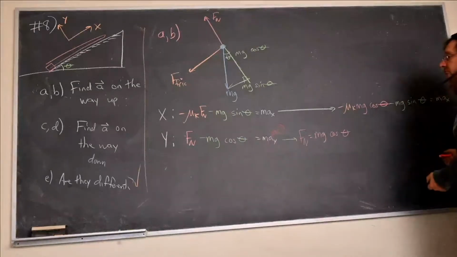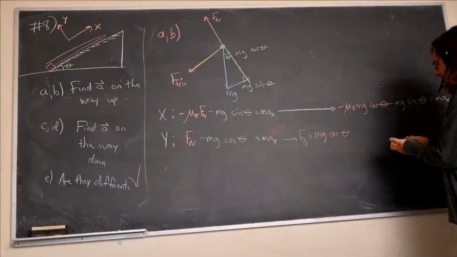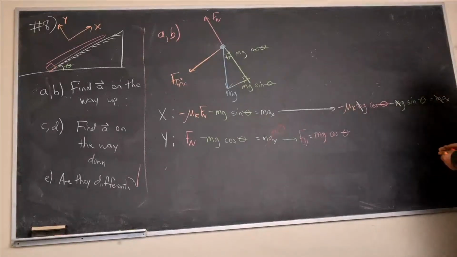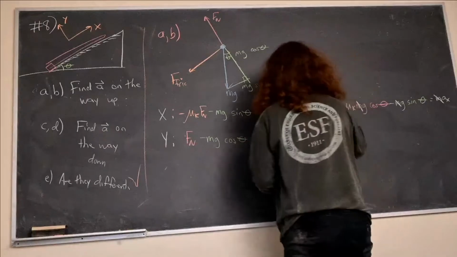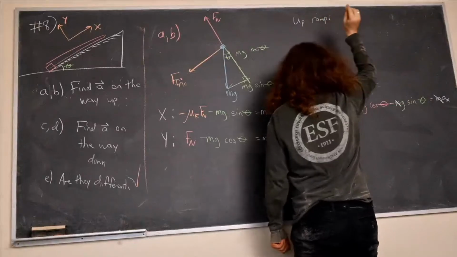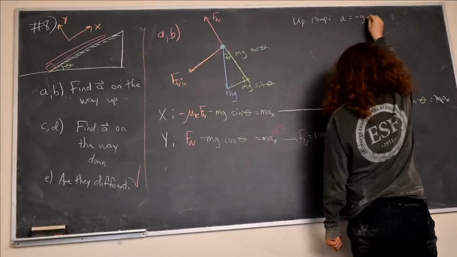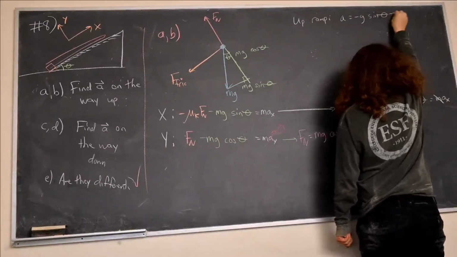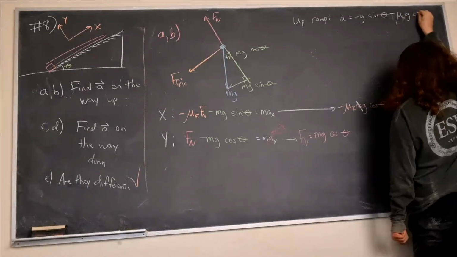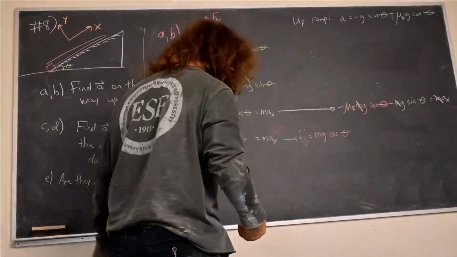So, as often happens when things are just being driven by gravity, all the m's cancel. So this m and that m cancel. And I get, for going up the ramp, an acceleration of minus g sine theta minus mu k g cosine theta.